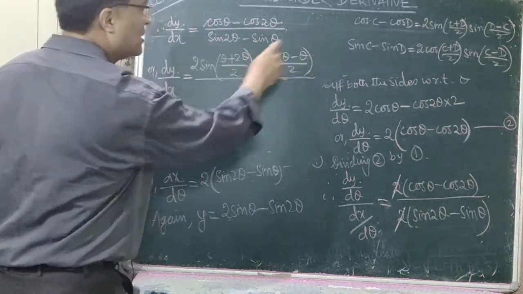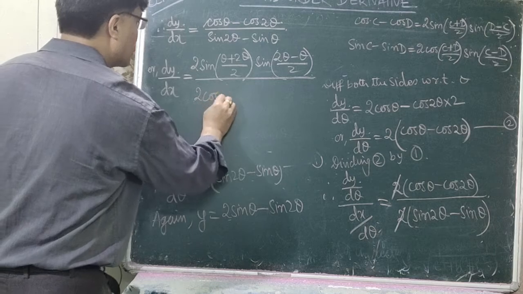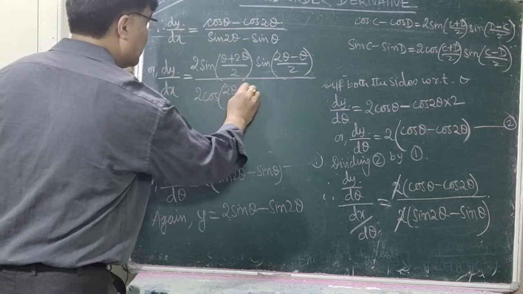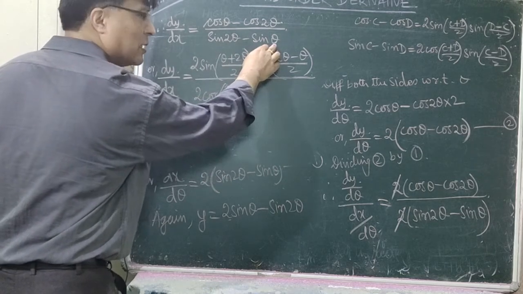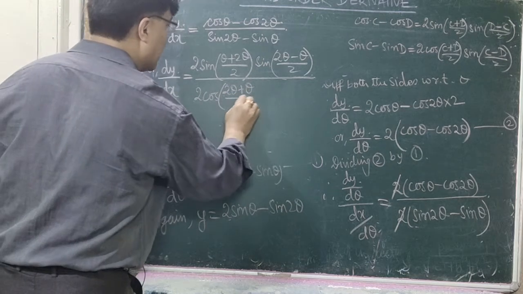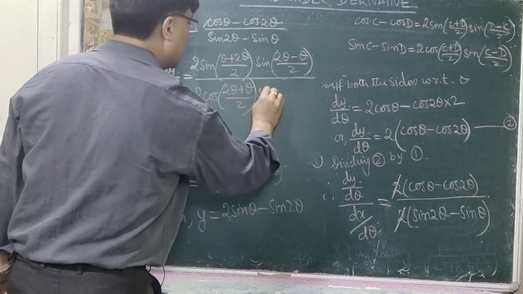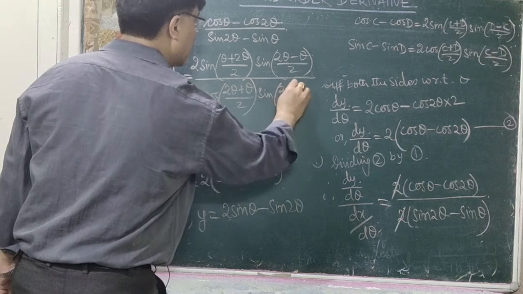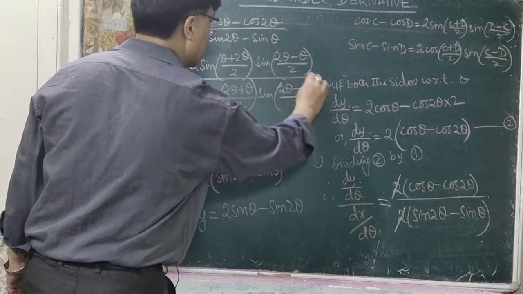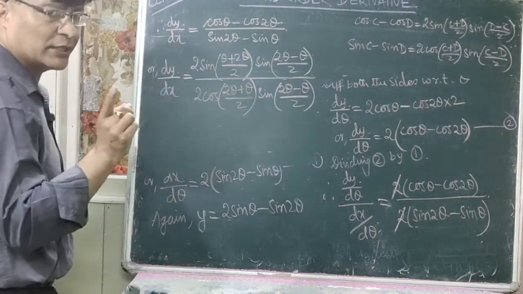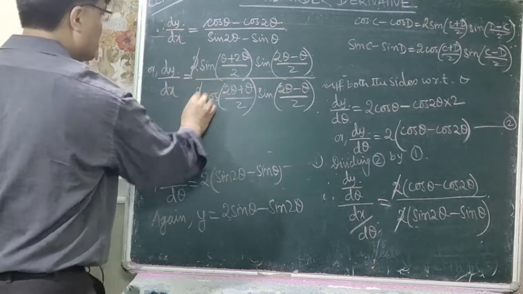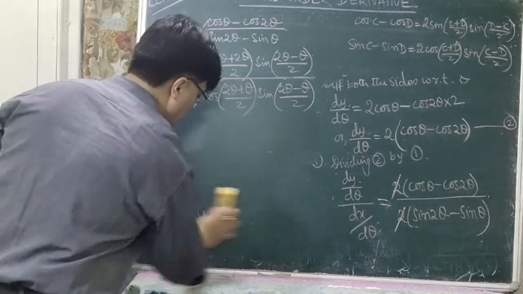What is sine c minus sine d? It is 2 cos of c plus d by 2, that means here c is 2 theta and d is theta, divided by 2, into sine of c minus d by 2, that is 2 theta minus theta divided by 2. Is it clear now? So here this 2 will be cancelled. You can cancel them.